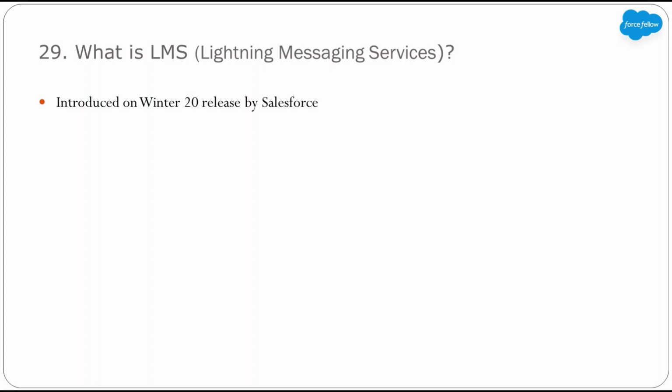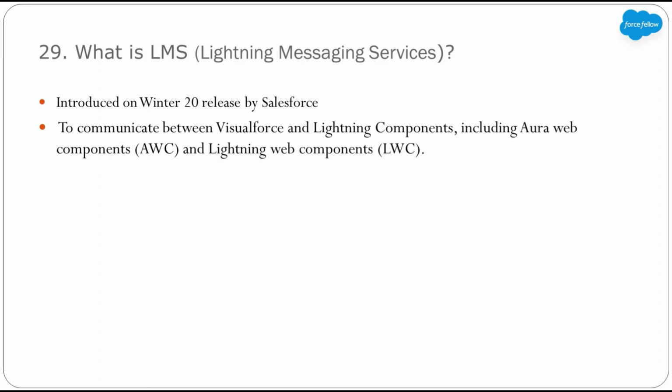What advantages do we have with Lightning Messaging Service? Let's go through them. The first advantage is that with the help of Lightning Messaging Service, we can do communication across UI frameworks. That means we can pass data from LWC to Aura, Aura to Visualforce, Visualforce to Aura, and Visualforce to LWC, if they are on the same browser.